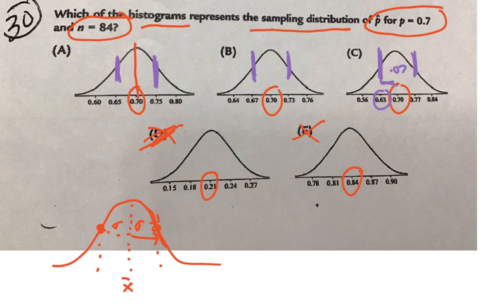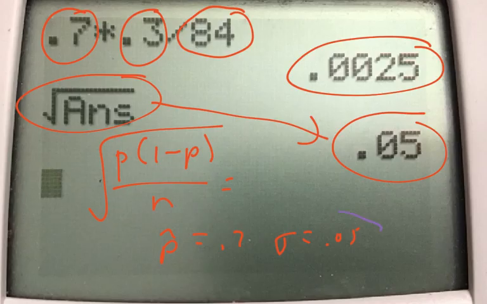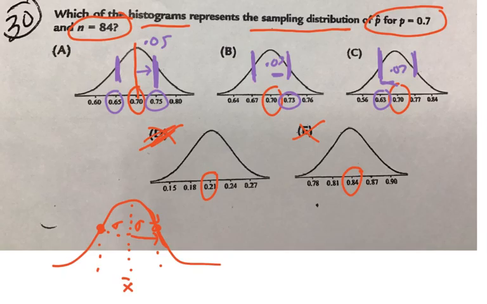If we look here, 0.7 to 0.73, that's a difference of 0.03. Here, we have a distance on each side of 0.05. Aha! That's what we predicted should be the standard deviation. So the correct answer for 30 should be A.